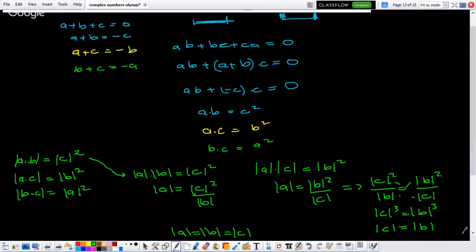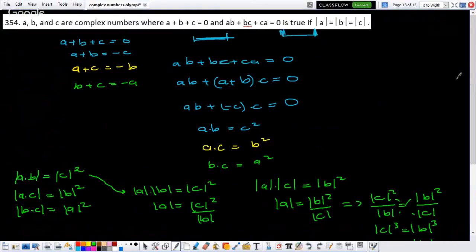Aren't we supposed to start from A module is equal to B module is equal to C module? Yes, that's why I said at the beginning, I got this question from the translation. The question says like this: A, B, and C are complex numbers.